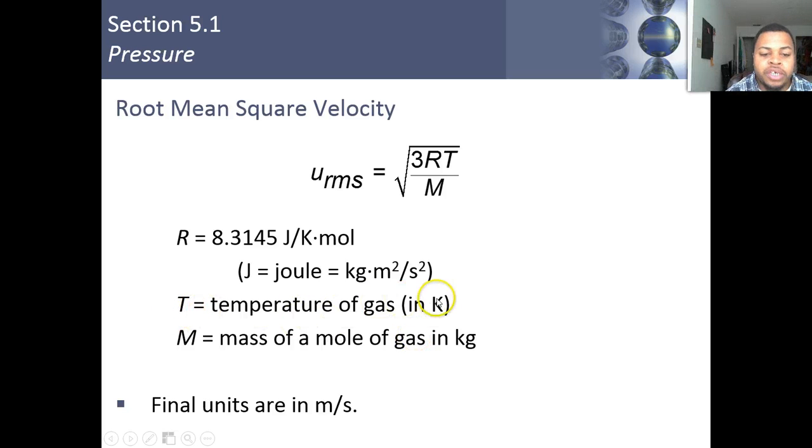We have the temperature in Kelvin and the mass of the mole in kilograms. So we change the units, and with changing the units, we change the value here. And for our mass, we're now dealing in kilograms. That's going to be very important as we get ready to plug it in. Now, this formula will also be given to you on your reference sheet, so you don't have to memorize it, but just memorize how to use it. And I'm going to post a tutorial on how to use this formula a little bit later.